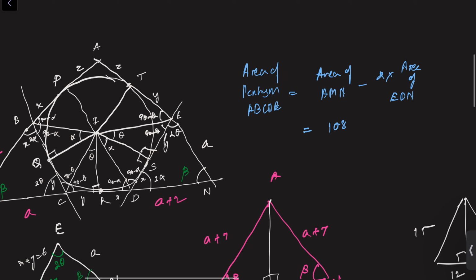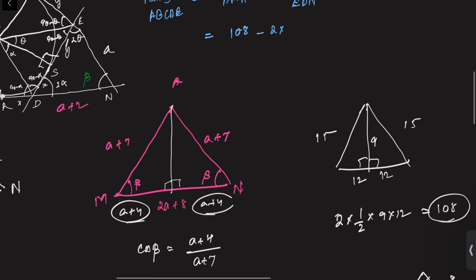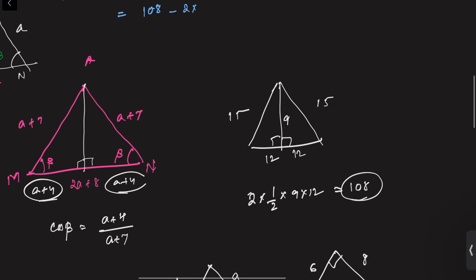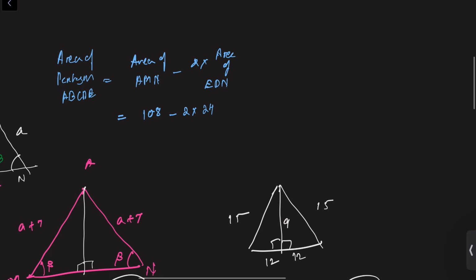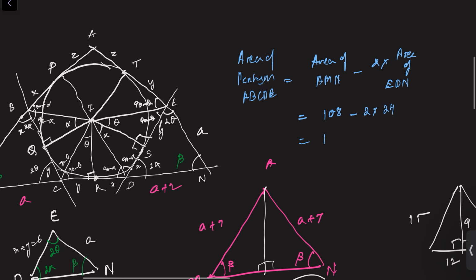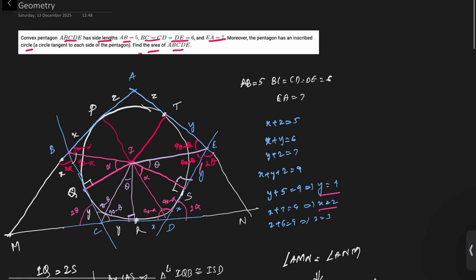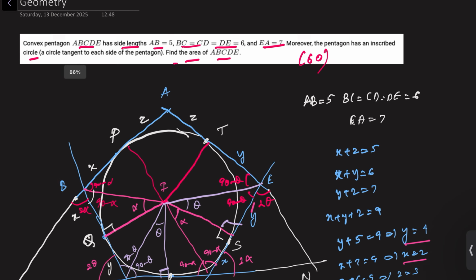So we got 108 minus 2 times the area of this triangle 6, 8, 10, which is half into 6 into 8, which is 24. So 108 minus 2 into 24, that is 108 minus 48, which is 60. So therefore the area of this pentagon is 60. So that's it for this video.